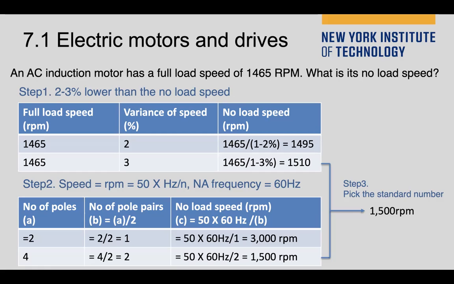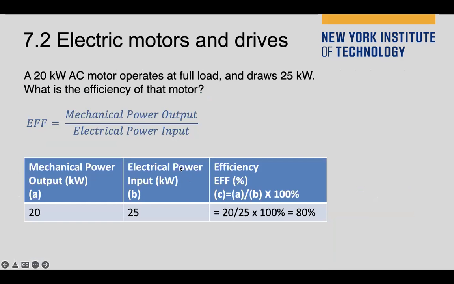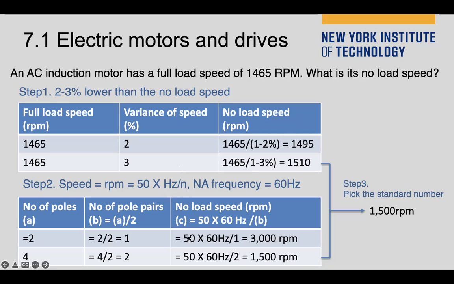Motors should start with the number of poles at 2, 4, right? And 8. So for the number of poles here, I put 2, and the number of pole pairs is 1. So n is equal to 1. By this equation, we can figure out that the no load speed will be either 3,000 RPM or 1,500 RPM.